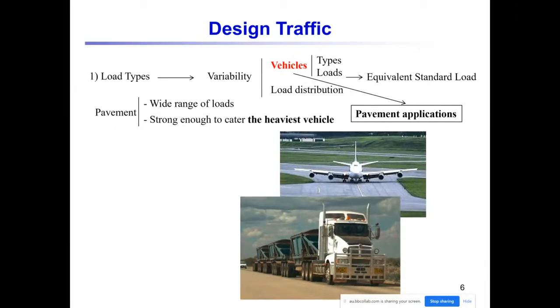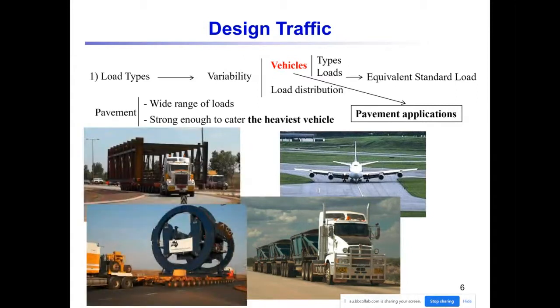For most of the roads in Australia, the heaviest vehicle we consider is the road train, triple road train, or it can be different types of loads. So the pavement that you are designing must be strong enough to cater for the heaviest vehicle.